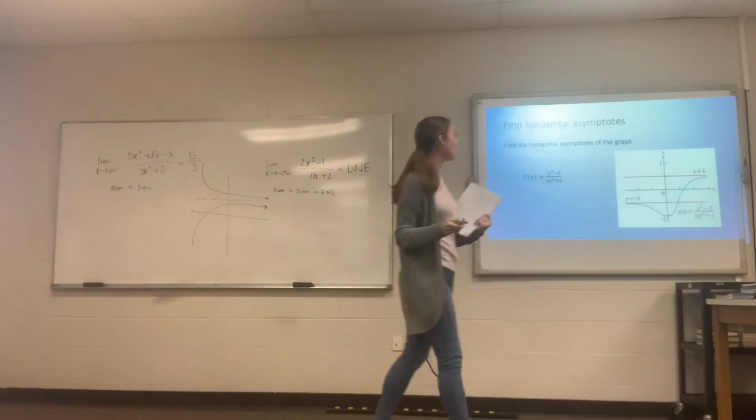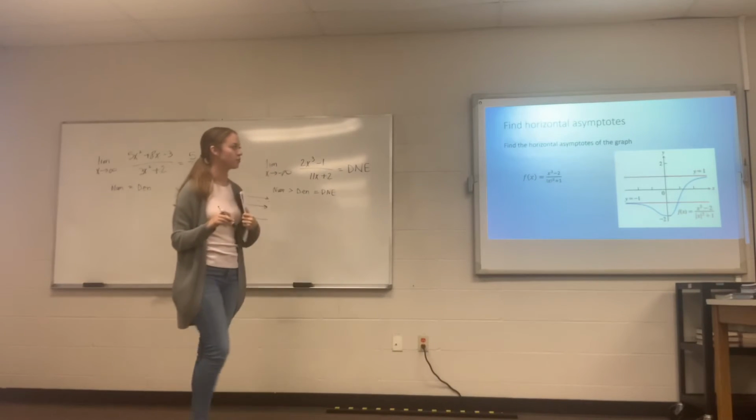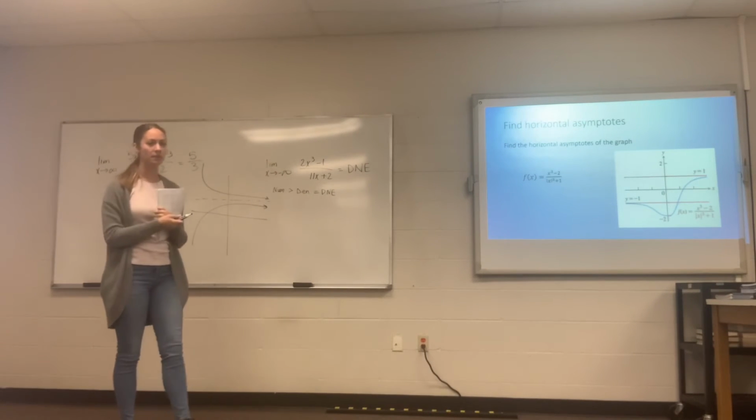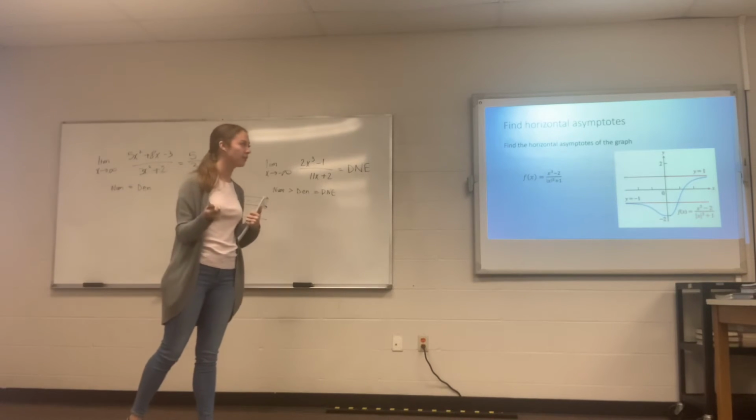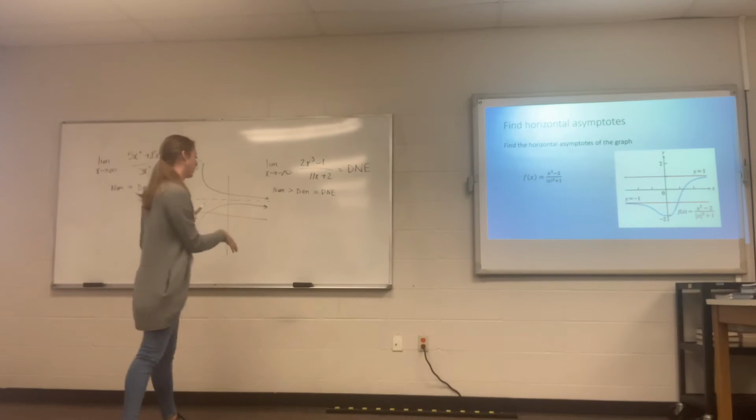All right, so let's go ahead and find the horizontal asymptotes of this graph. I already put the picture up there, so I'm sure you can see it graphically, but let's talk about this one algebraically.